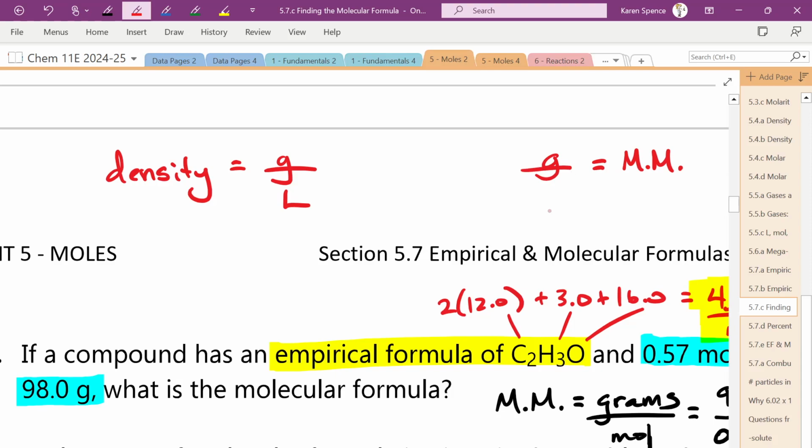Grams per mole. And this, of course, is for a gas at STP. So how will we go from here to here? What will we have to use? 22.4 moles per liter, yes?